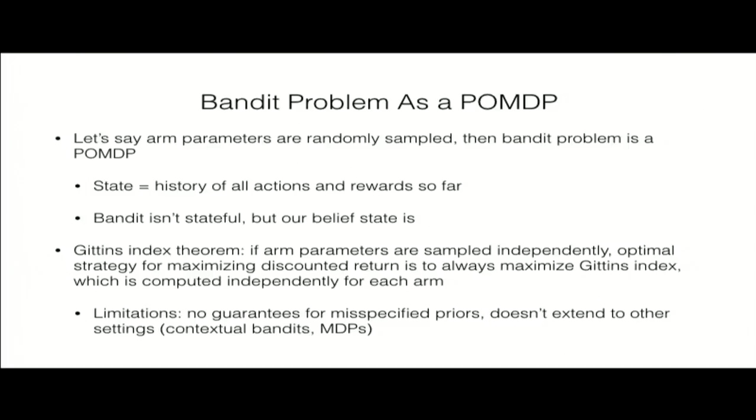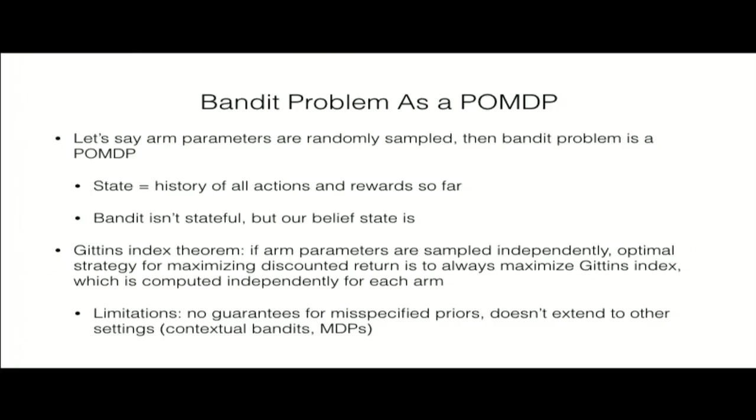Let's say each bandit gives you a probability distribution over possible returns you're going to get if you choose that action. So for example, in the medical treatment case, each one is a Bernoulli distribution, meaning there's a certain probability that the patient lives or dies.